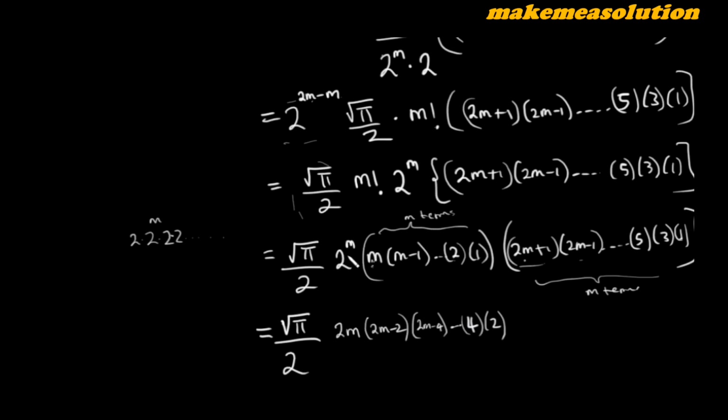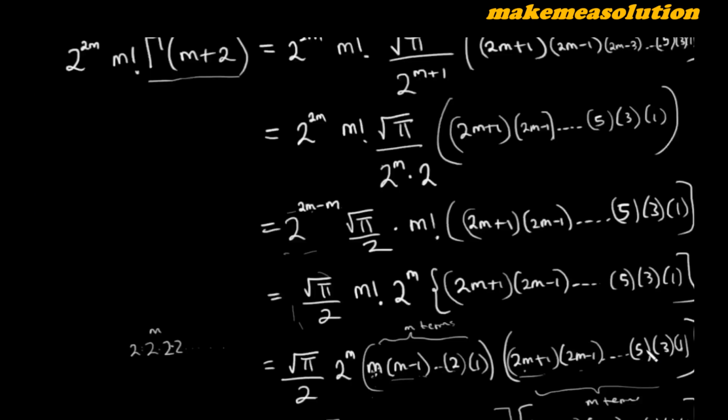So this 2 raised to the power of m has been spread into m multiples of 2, and each of them has multiplied the corresponding term here. One 2 for this m, another 2 for this term here, and so on and so forth. Is that okay? I hope you understand that. So everything there is multiplied by the product of what? The first m odd numbers, and so on and so forth. We have 5, 3, 1.